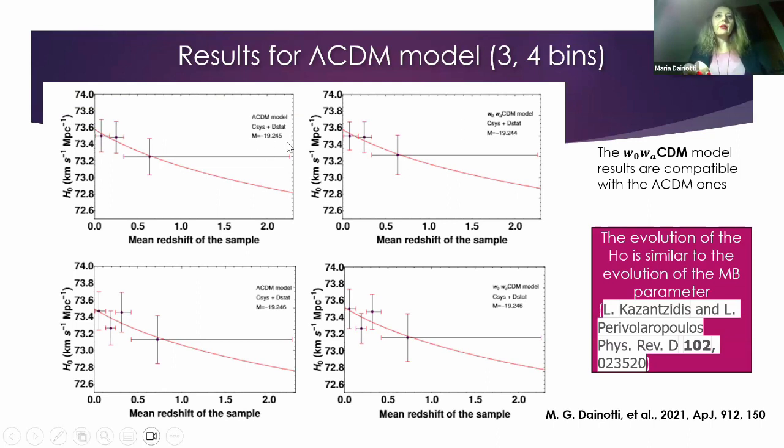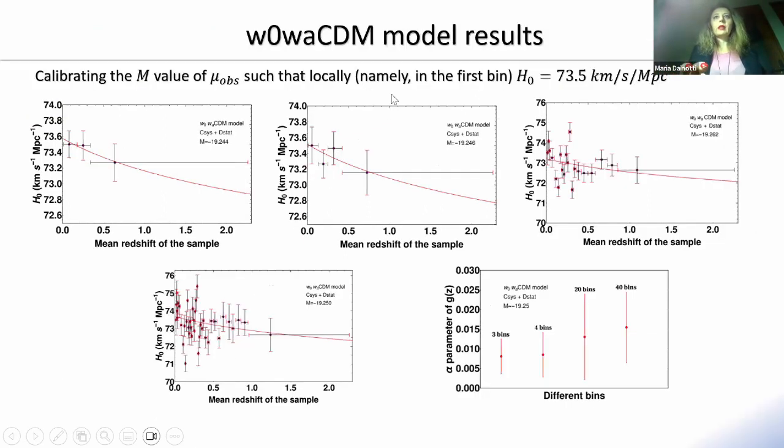And that's why we here reported the value of the absolute magnitude. Now, if you consider the 4 redshift bins, here you have the analysis on the panel below. And the results are compatible for both 3 and 4 redshift bins.